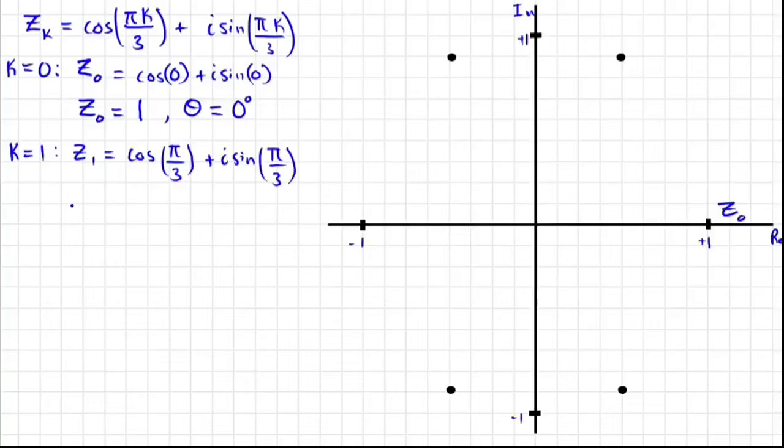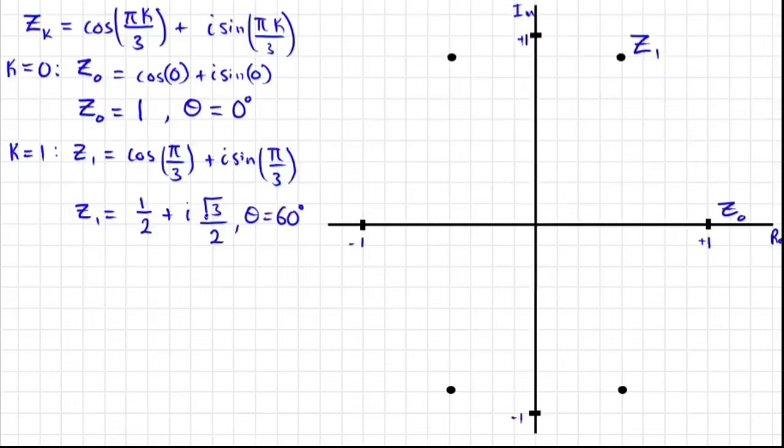So this means that z1 is equal to, now, cos pi over 3 is just cos 60. The cos of 60 is half, plus the sine of 60, or pi over 3, is root 3 over 2. Now for this one, it is at an angle of 60 degrees, and it's the complex number that I have right here as z1.